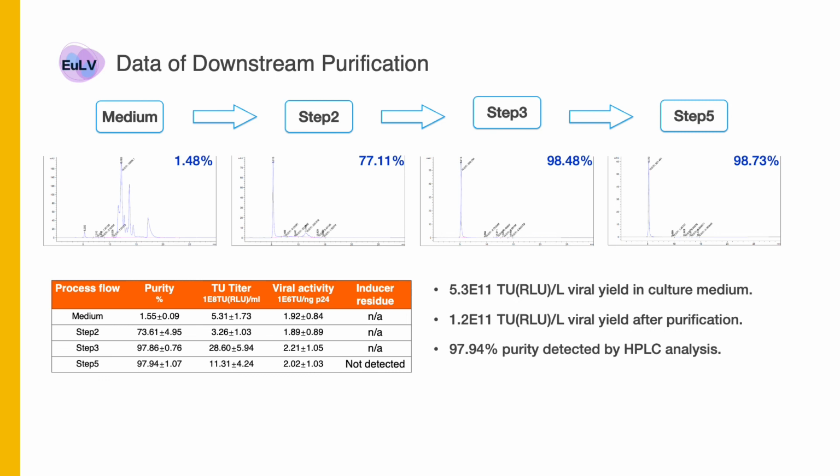The table at the bottom shows the results after the purification. Around 5.3 to the power of 11 TU per liter viral yield in the culture medium, and 1.2 to the power of 11 TU per liter after purification. The lentiviral particles are over 97% purity, and the inducer is not detected.